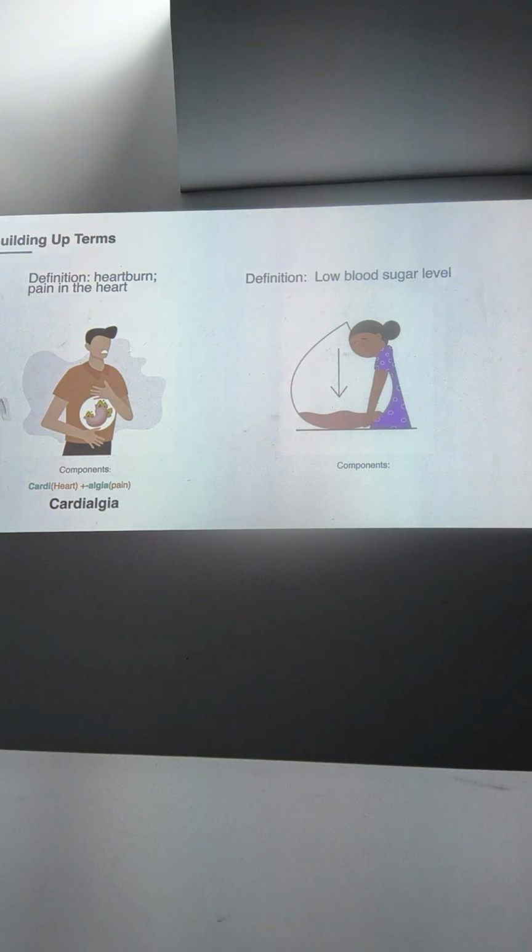Hypo, very good. And blood, I don't think I've listed that in your handout, sorry, it's emia. So it's hypoglycemia. That's how we say it, low blood sugar level.